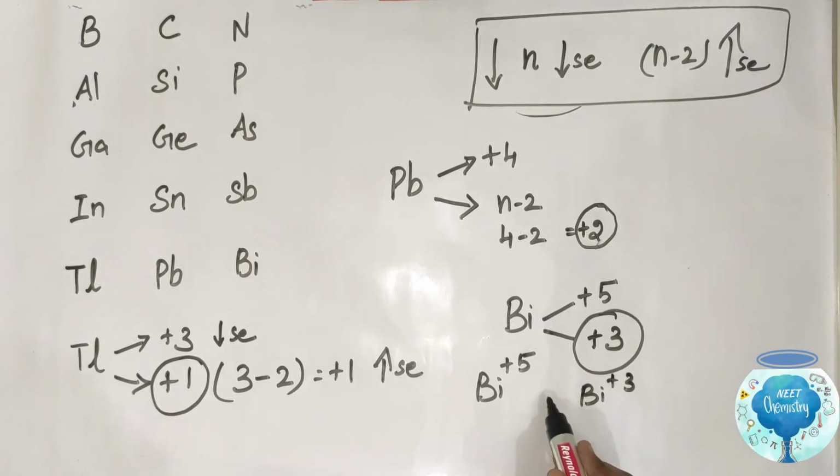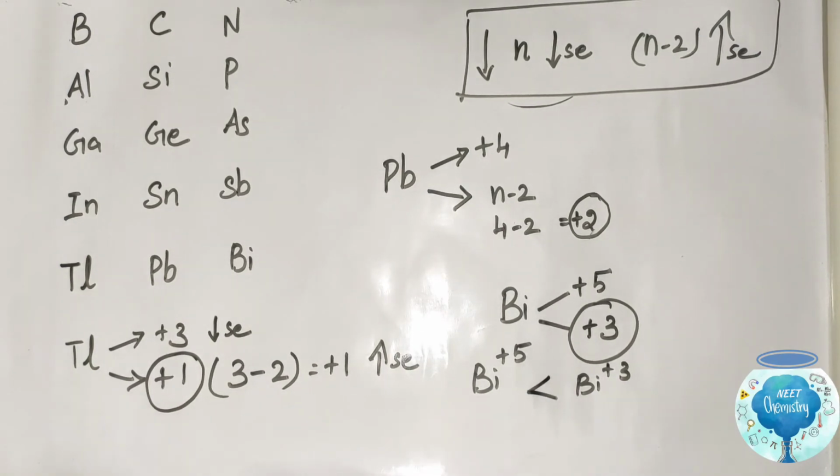Bismuth +3 is more stable due to the inert pair effect.